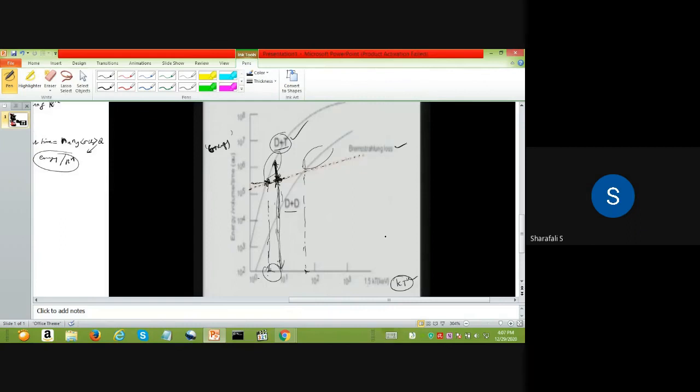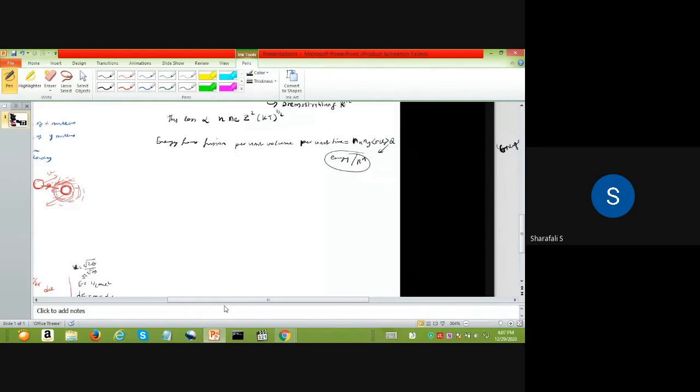So now consider the number of nuclei per unit volume, that is n. I will say per volume, whatever volume we are considering.